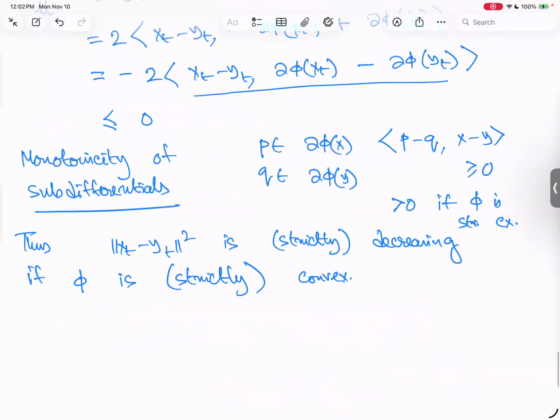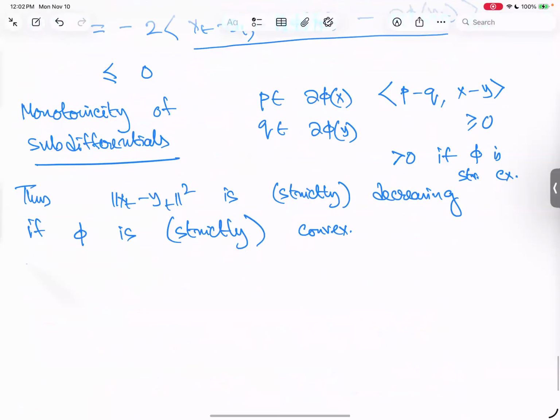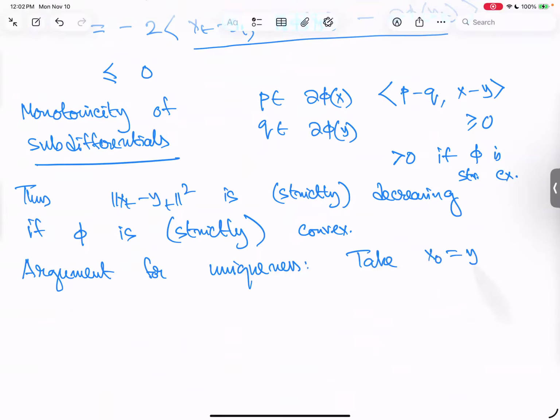So the argument for uniqueness: take x0 equal to y0. Thus, the initial difference, norm square of x0 minus y0, is 0.